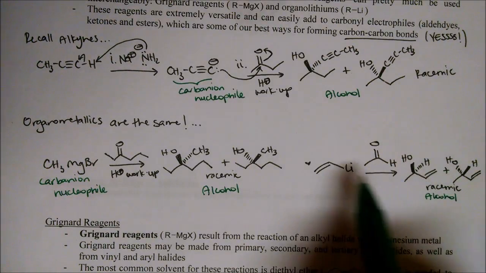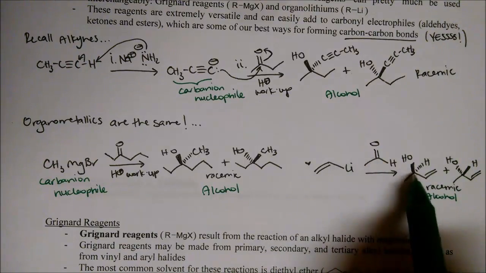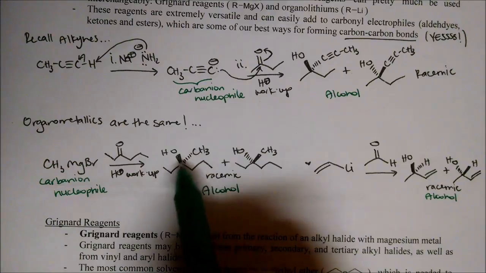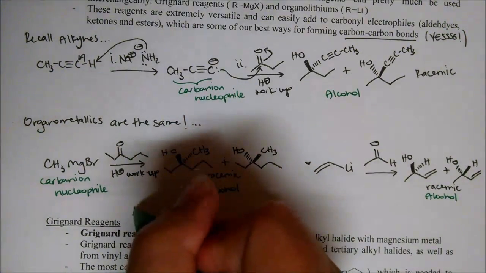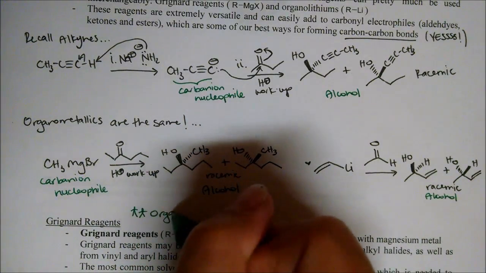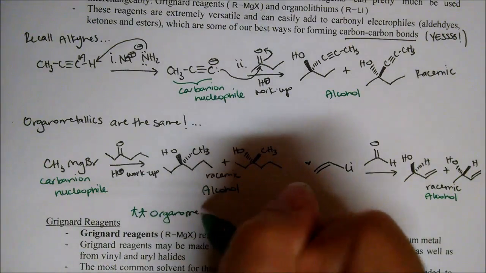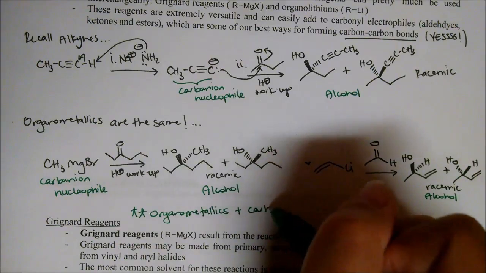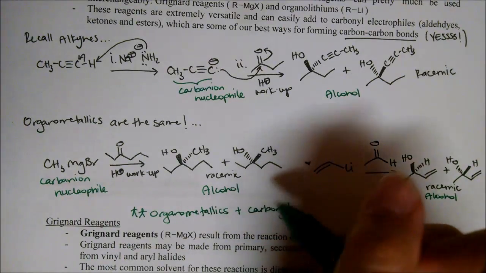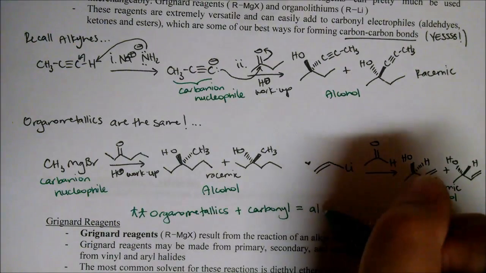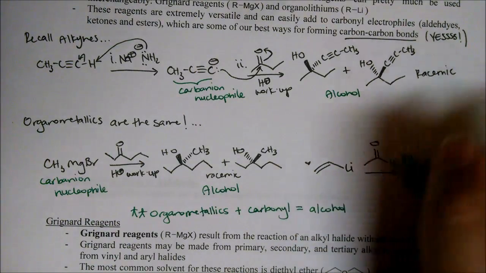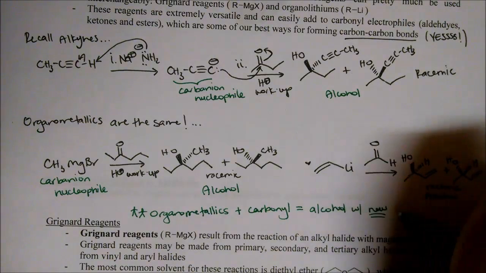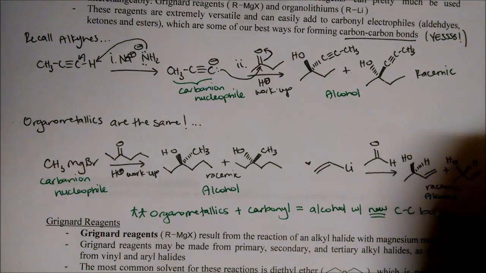But importantly too, here was a carbon, here's a carbon, and now a carbon-carbon bond. Yay! Organometallics plus the carbonyl. When we mix these together, we get an alcohol with, importantly, a new C-C bond.